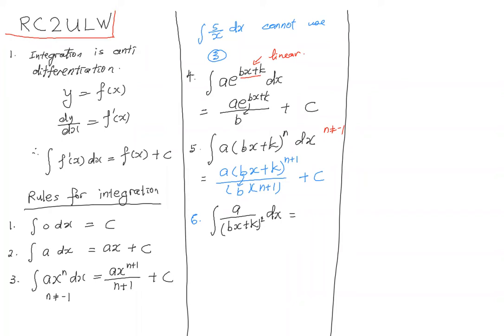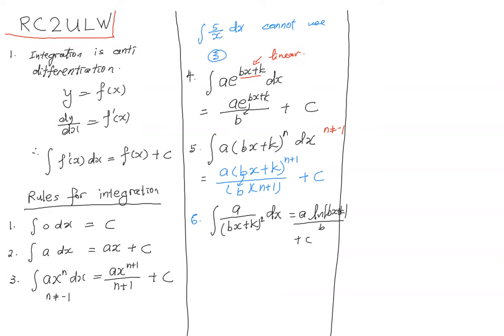The answer will be ln, divided by b, then plus c, always. So integration is always divide. Yeah. So then the others will be your trigo.